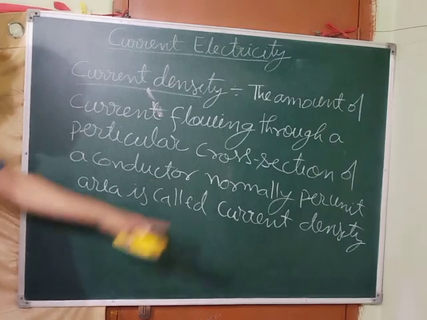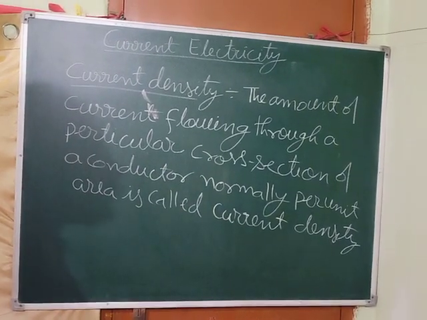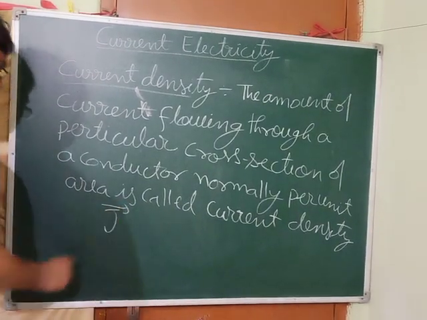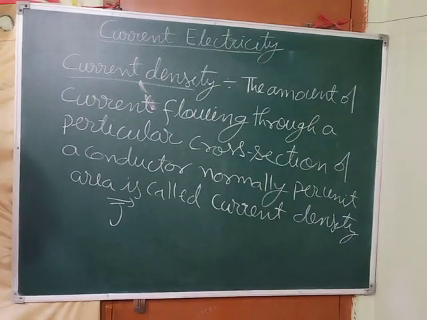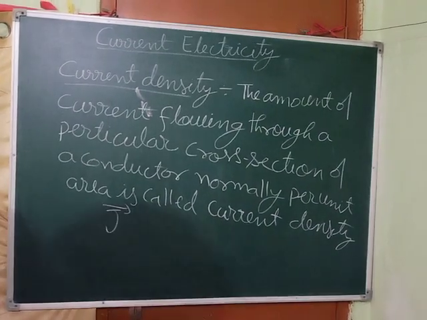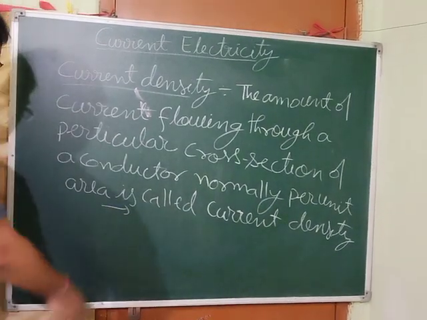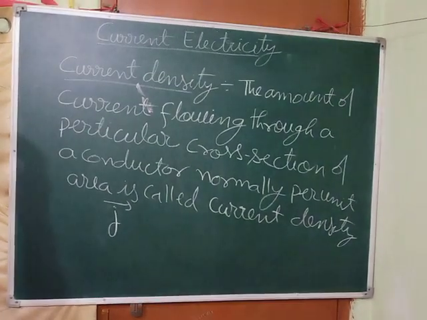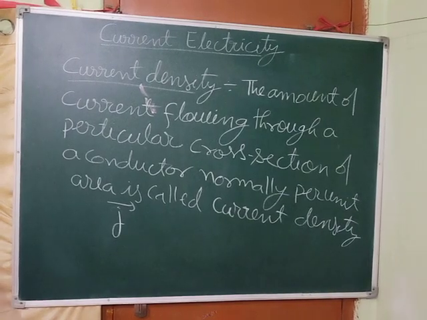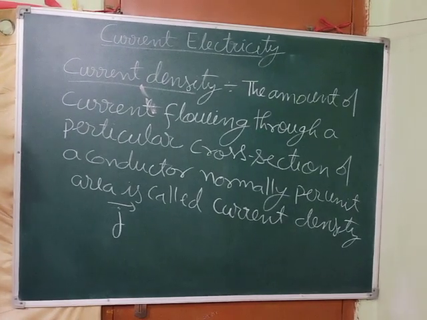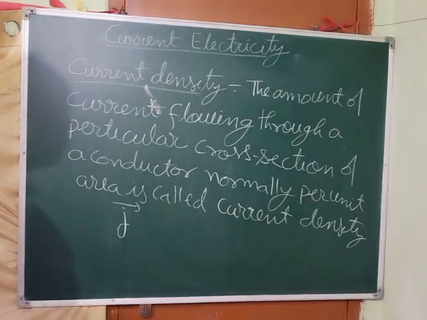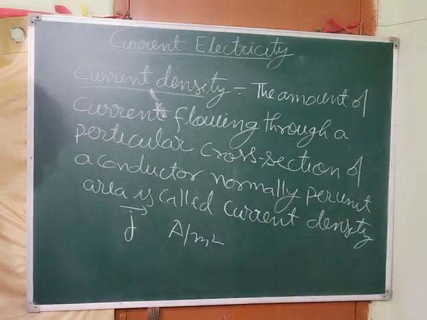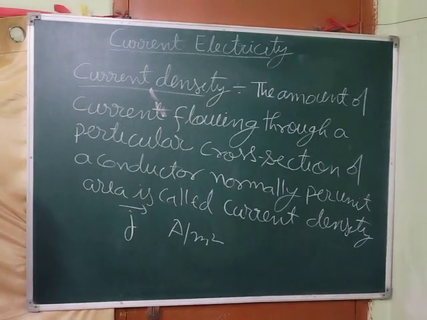After this you will write, it is a vector quantity denoted by vector J, rather small j, not capital J, and has SI unit ampere per meter square.